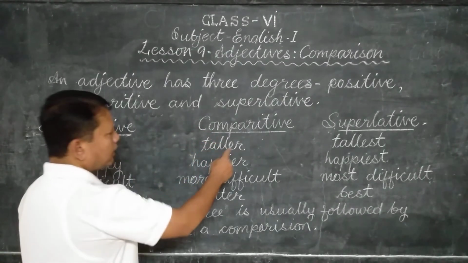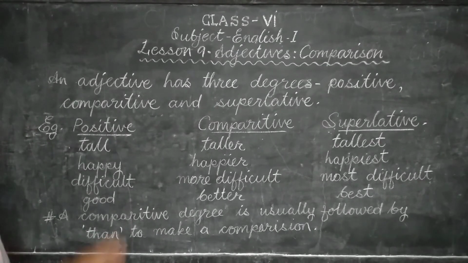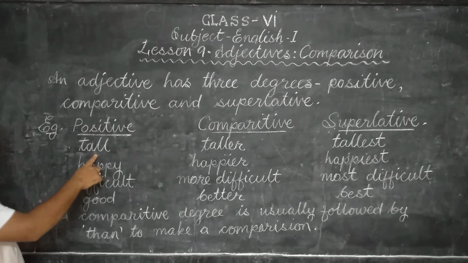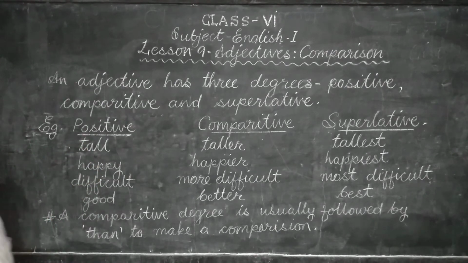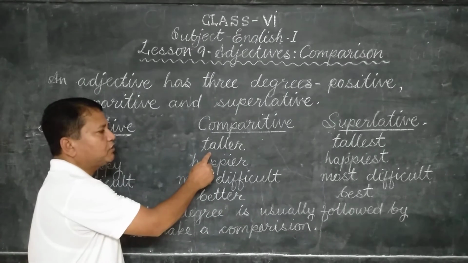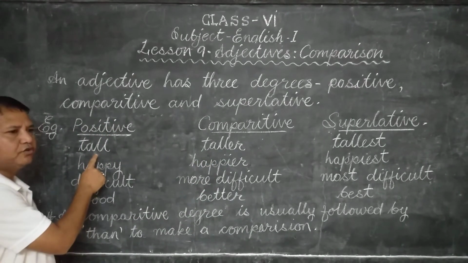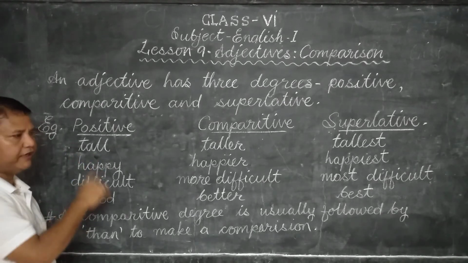Tall, taller, tallest. Suppose I say Narayan Juju is tall. Narayan Juju is taller than Kanak. See the difference here. Narayan Juju is tall. Only one, Narayan only.